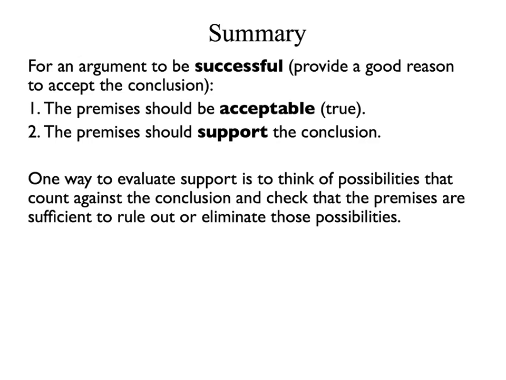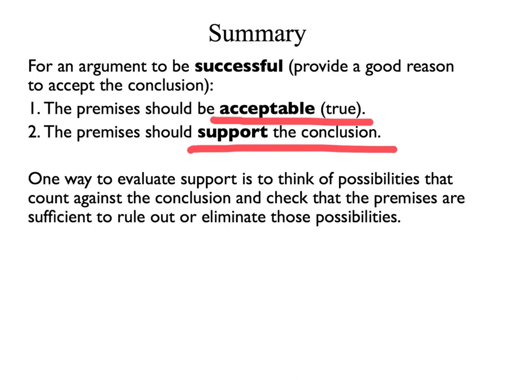So just to summarise, the two conditions an argument has to satisfy in order to be successful: the premises should be acceptable as true, and the premises should support the conclusion. Those are two different conditions. An argument could satisfy one but not the other.